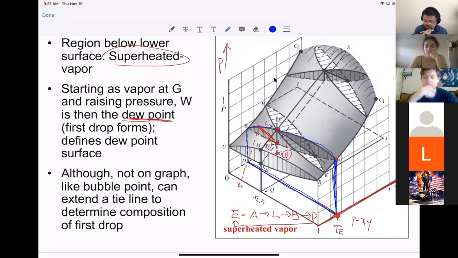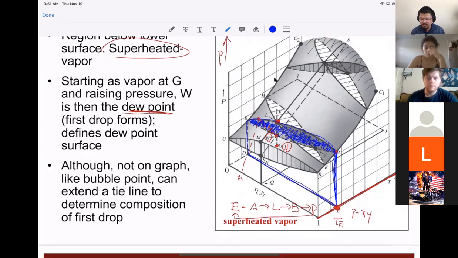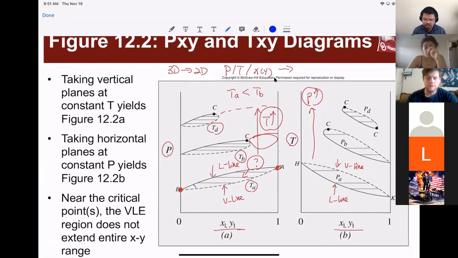Now when you try to look at the, so that blue shaded region would be the first one we see. So that would be this one, right?